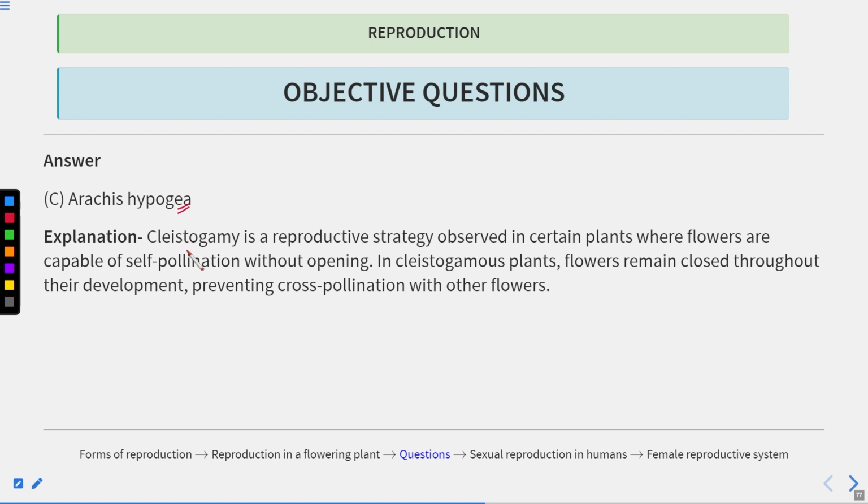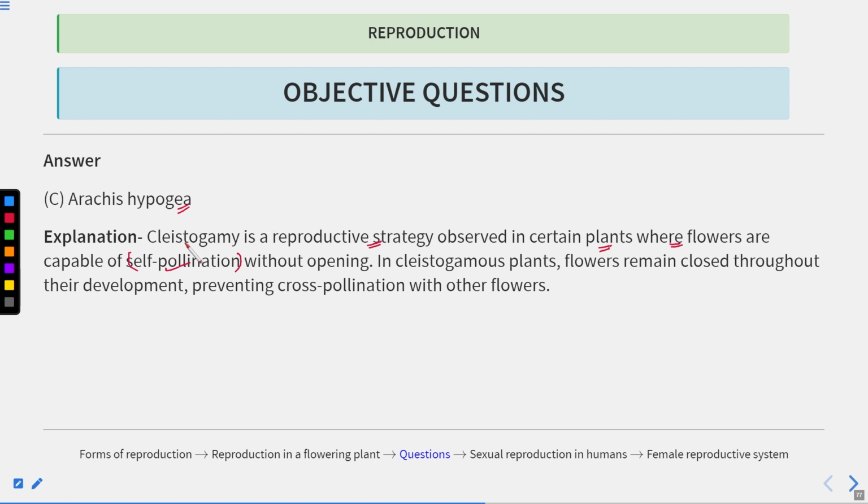Now what is the explanation? Clastogamy is a reproductive strategy observed in certain plants where the flowers are capable of self-pollination. The flowers remain closed and they undergo self-pollination. And what is self-pollination? It is the transfer of pollen from the anther to the stigma of the same flower.